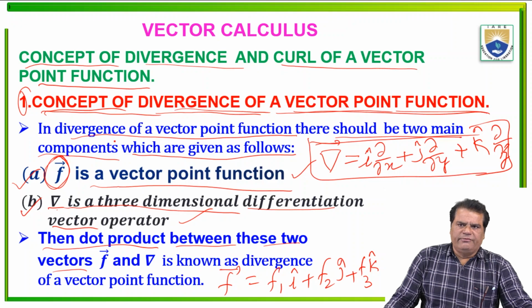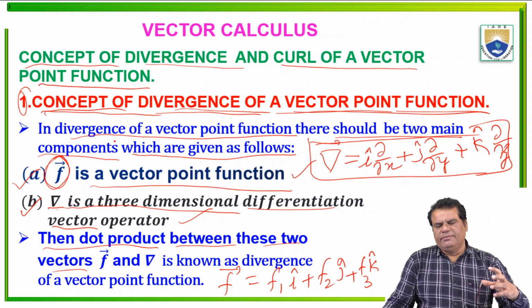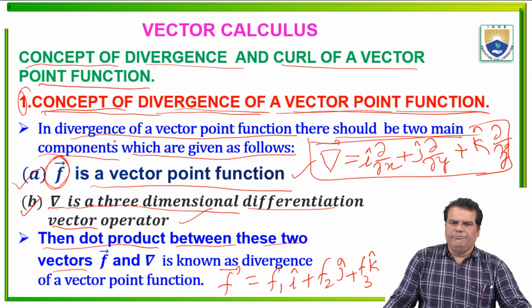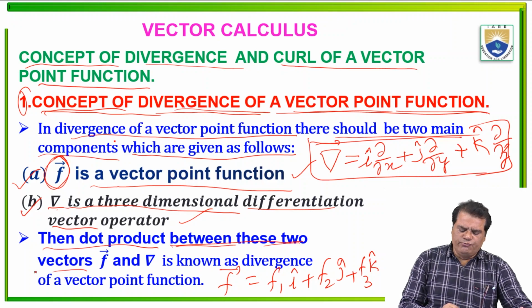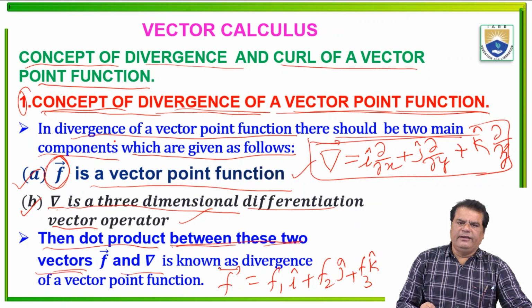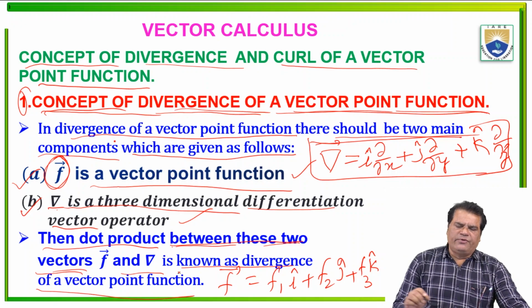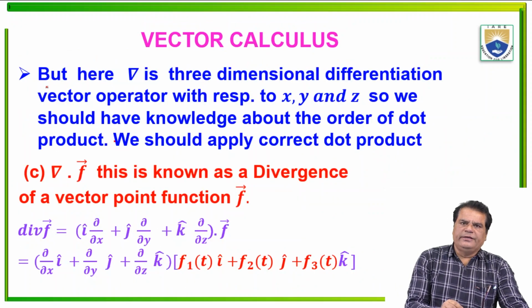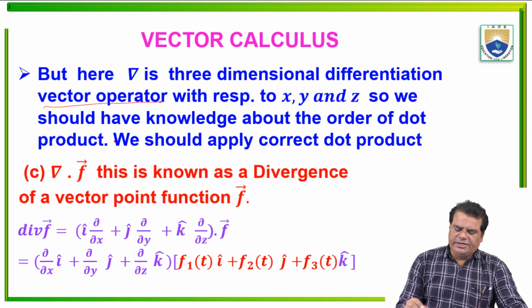The second one is del, the three-dimensional differentiation vector operator. Then the dot product between these two vectors, F and del, is known as the divergence of a vector point function. Here del is a three-dimensional differentiation vector operator with respect to x, y and z.